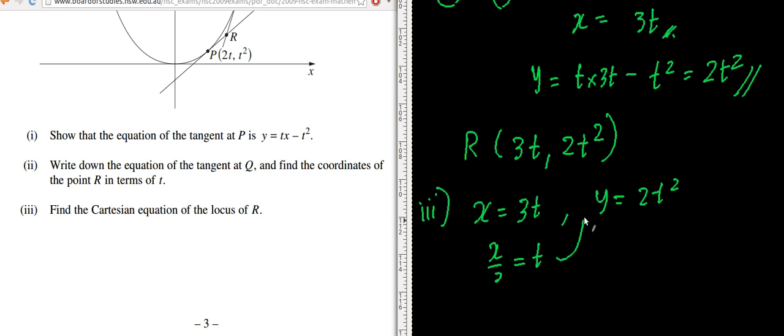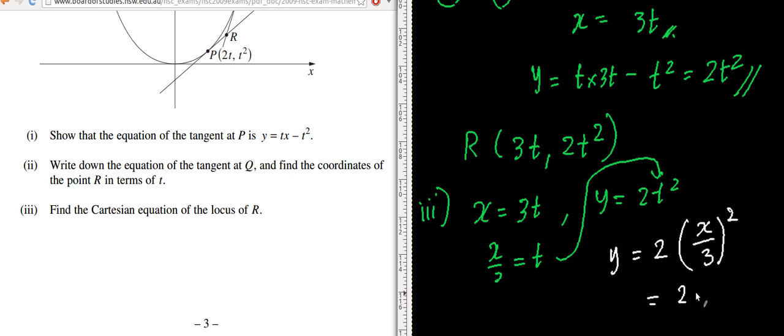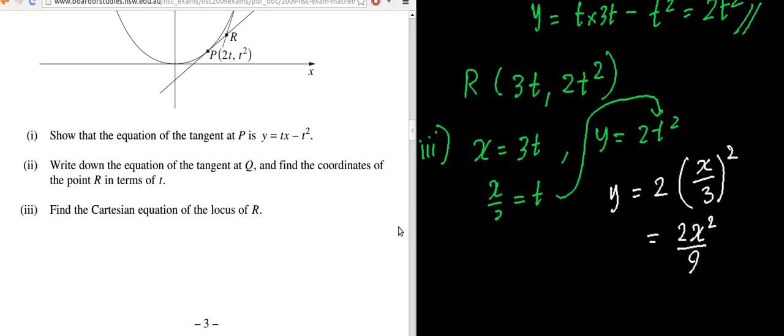And sub this right back in here. Okay, so in the end, I will end up with y is equal to 2 times, instead of writing t, I'm going to write x on 3 all squared. Right, so I will end up with 2x squared on 9. Okay, so that's it for question 2.